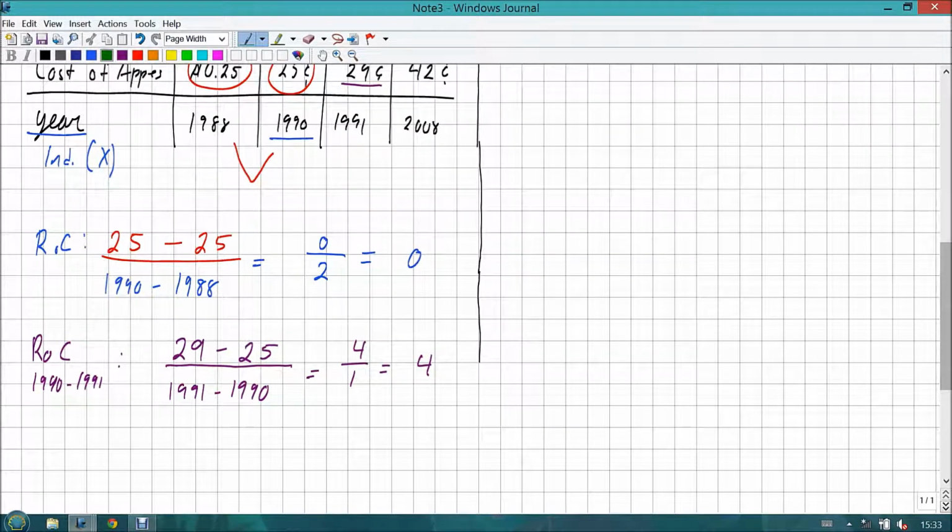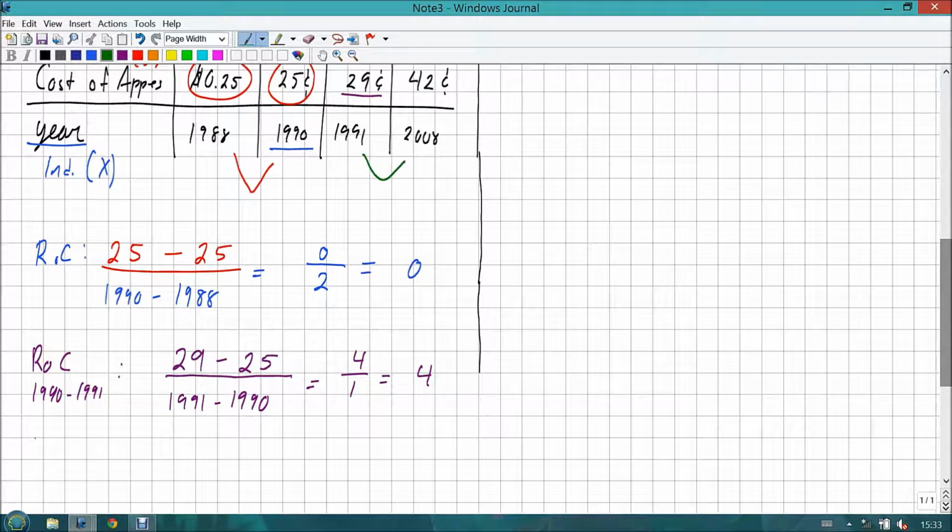Now, doing that for the remaining one, let's look at 1991 to 2008. So the rate of change between 1991 to 2008 would be 42 cents as our final value, 29 cents as our initial value, over 2008 minus 1991.